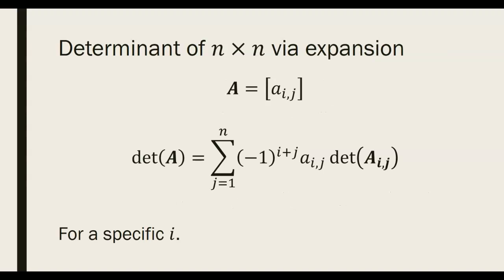But what you do is you take the entry times the determinant of the submatrix. And then whether or not it has a negative depends on which row and column we were in. So notice that in our examples, when I dealt with A sub 1, 1, that was going to be a positive entry because 1 plus 1 is 2.